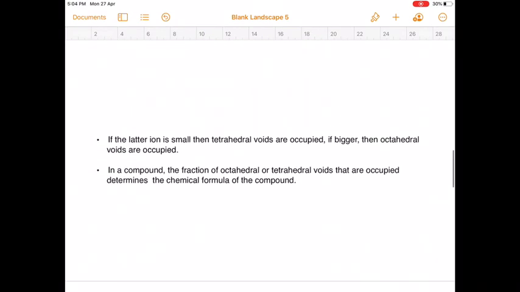If the latter ion is small, then tetrahedral voids are occupied, and if bigger, then octahedral voids are occupied. The latter ion here means the cation. We said that the cations occupy the voids. So, if the cation is very small, then the smaller tetrahedral voids are occupied, and if the cations are bigger, then the octahedral voids, which are larger than the tetrahedral voids, will be occupied.